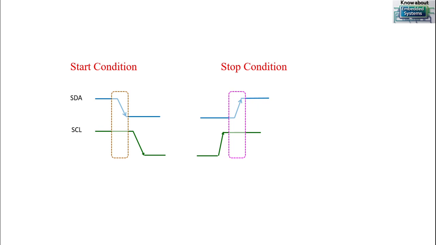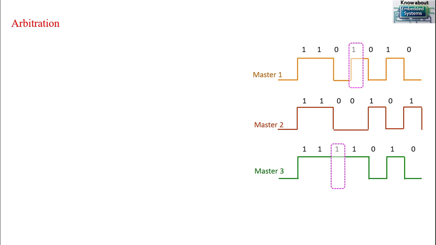Okay, so now let us move to the next topic, arbitration. I2C, I already told you, supports a variety of features, and out of those there is one feature called arbitration. What is arbitration? I already told that we can use multiple masters in the communication.